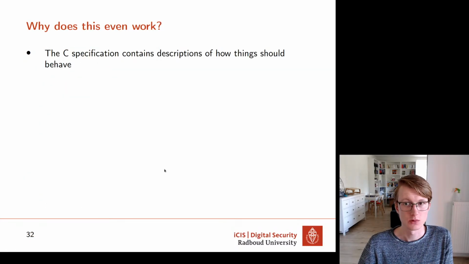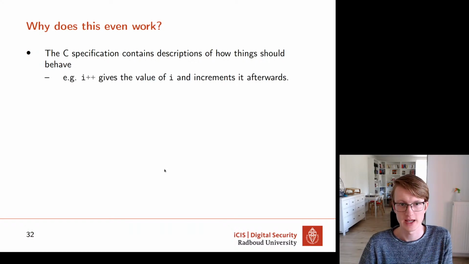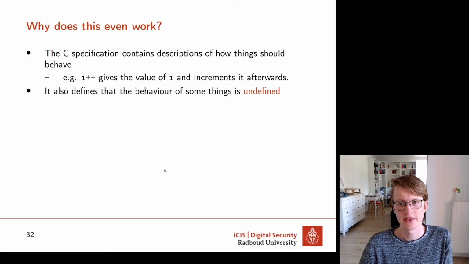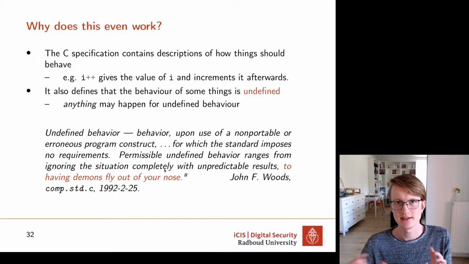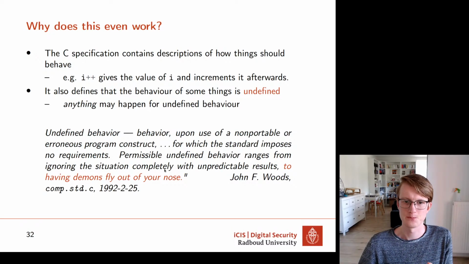So why does this work in the first place? We have the C specification that describes how things should behave. But like we said in the first lecture, some things are undefined, and there anything may happen. Undefined behavior is behavior for which the standard imposes no requirement.